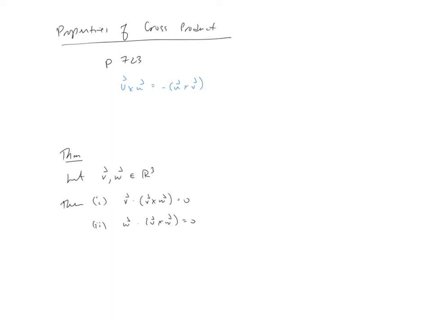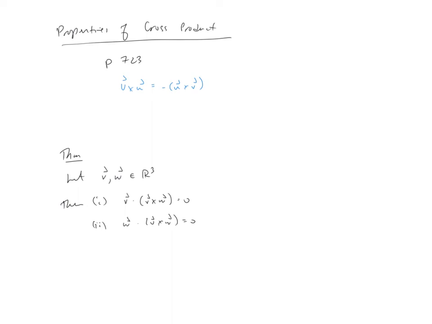So dot product is commutative, cross product is not. The theorem that I have up on the screen actually kind of summarizes this whole idea of what this cross product vector is. So if we have two vectors, V and W, in R3, then V dot V cross W and W dot V cross W both equal 0. So what does that mean? Well, if you think back to the dot product, if you dot two vectors and you get a 0, what does it mean? It means that the two vectors are perpendicular or orthogonal.